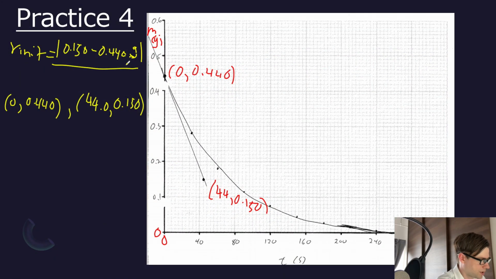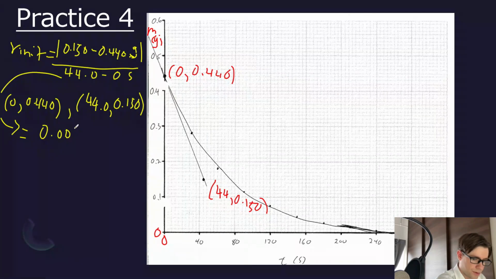It's going to be 44 minus 0, in seconds. Okay, so just here, this is equal to a rate in grams per second of 0.00659. And this question did just ask us for the rate in grams per second, so we can stop there.